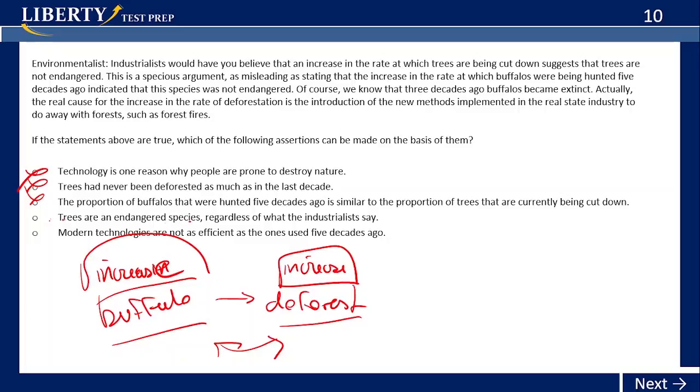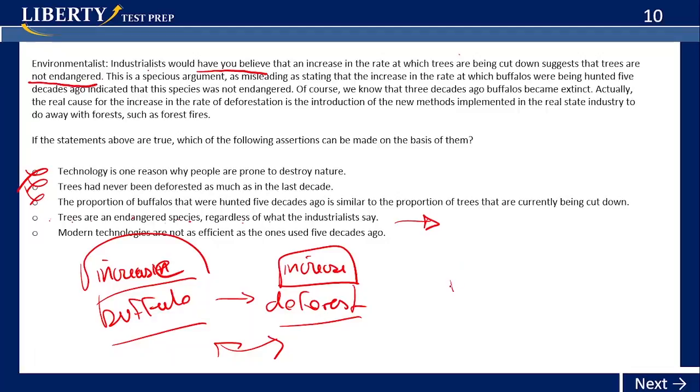Letter D. Trees are an endangered species regardless of what industrialists say. Is that true? Let's see the whole argument. The environmentalist says, industrialists would have you believe that an increase in the rate at which trees are being cut down means that they are not endangered.